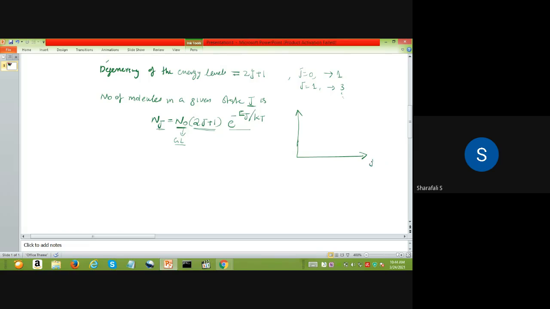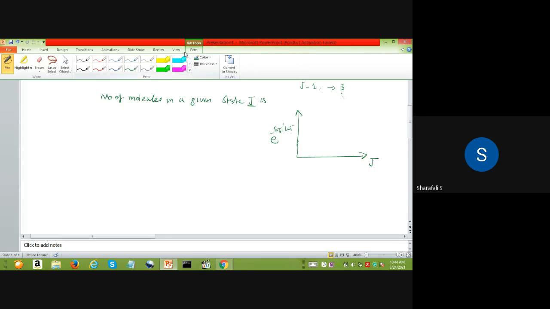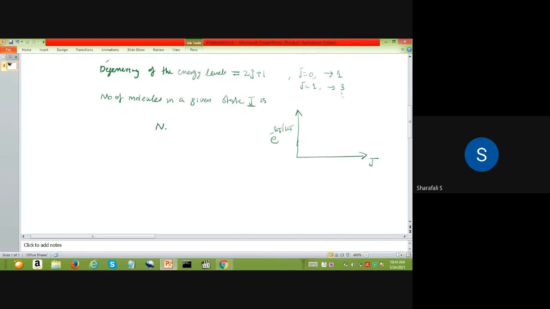This is your J axis, and if you plot only e raised to minus EJ by kT, so initially it was thought that NJ will be equal to N0 e raised to minus EJ by kT.